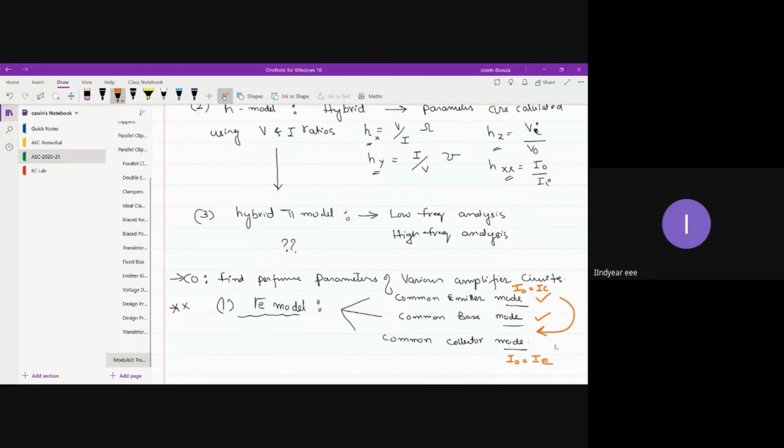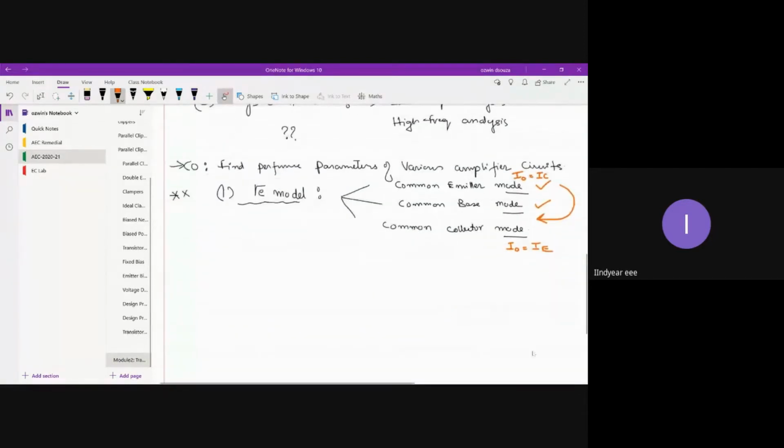On the other hand, in common collector mode, output current Io is IE. Since IC and IE are comparable to each other, the common emitter model can be used for common collector as well. All right, fine. So let's look at the first model then.